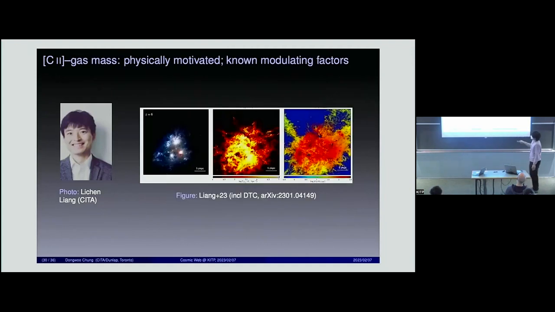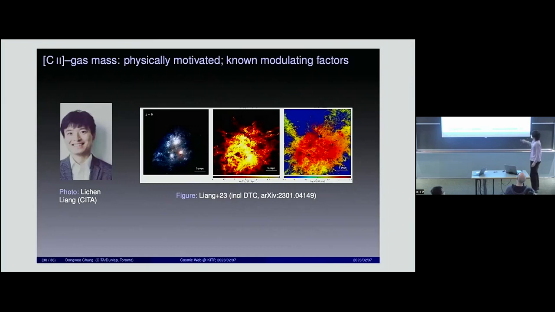So I'm showing a photo of Li Chen Liang here, who's a postdoc at CITA, and he has been thinking a lot about C2 using these FIRE simulations, feedback in realistic environments. These are zoom-in galaxy simulations incorporating hydro, incorporating lots of different feedback prescriptions.